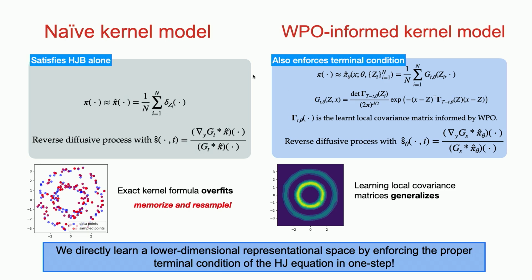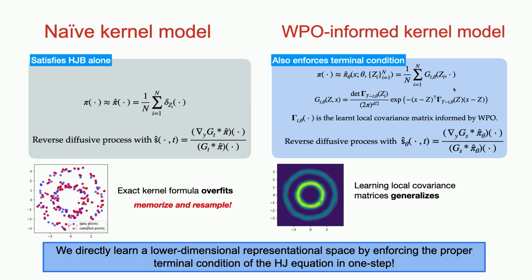And here is probably a more illustrative result. Originally, if we just took these HJ equations and ran this reverse diffusion process with these basically analytical kernels, we will get exactly the original samples, and it will basically be overfit. They call it memorization.